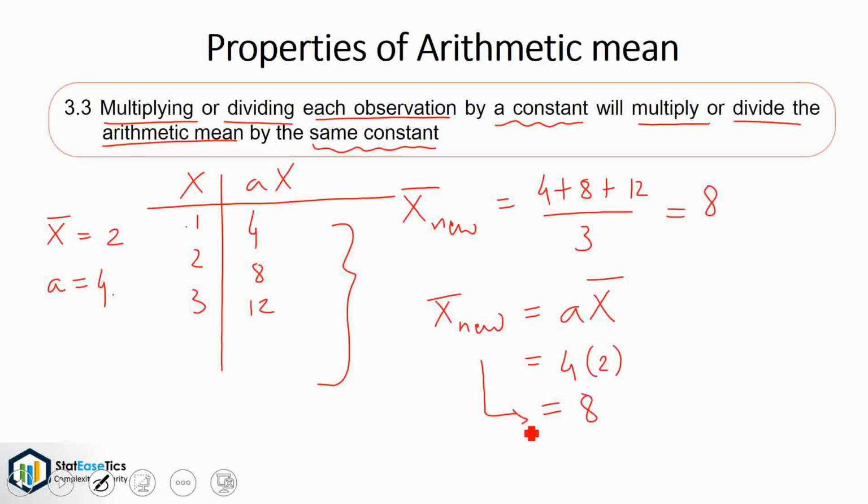Hence, it is in accordance with the property. You can also check by dividing each observation by a constant. From this, we can say that arithmetic mean is dependent on scale. That is, multiplying or dividing a constant to each observation will affect the arithmetic mean.